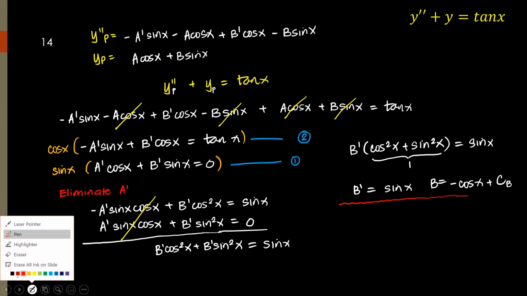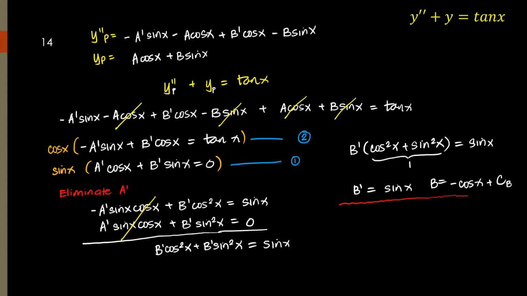Let's solve for a. So using equation 1 again, a prime cosine of x plus, you know that b prime is actually sine x, so sine x is equal to 0.